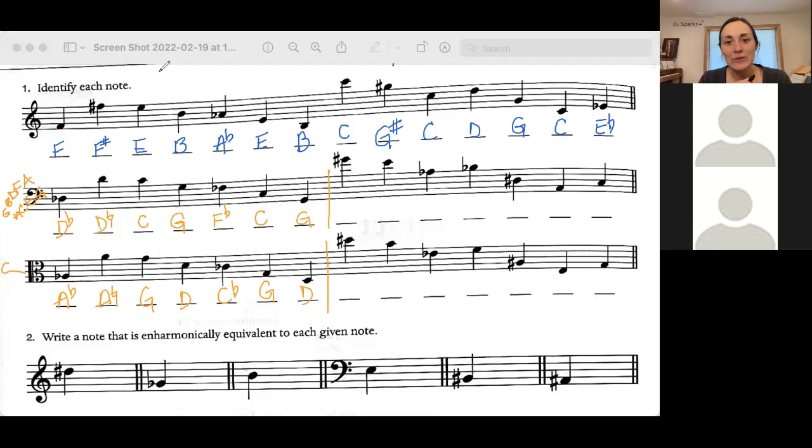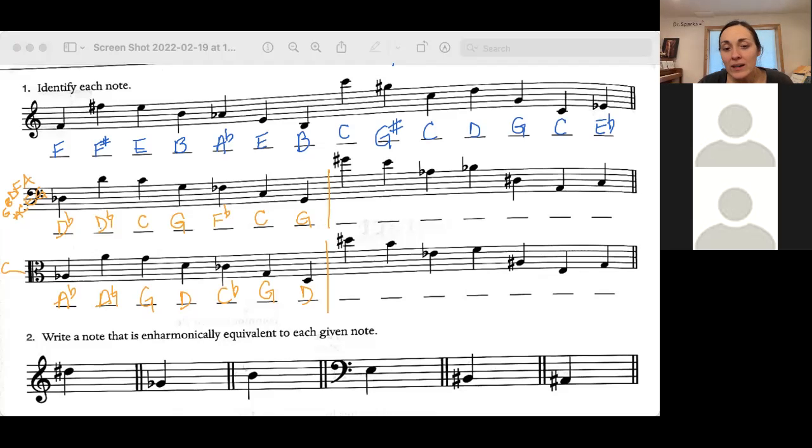So if you know treble clef really well, but the bass and the alto are a little bit touchy because we're not as familiar, the tendency is going to be to want to pull from the treble clef. So using that to your advantage is one little trick when it comes to the alto clef, because they are pretty close together.